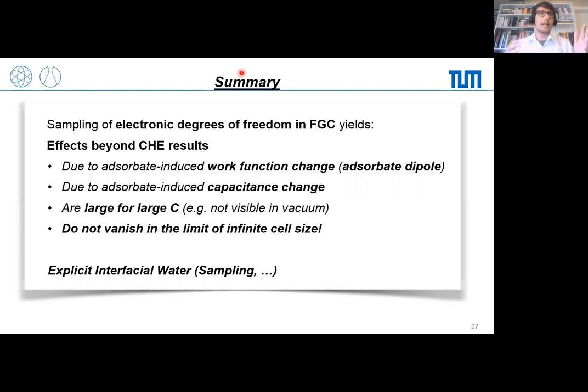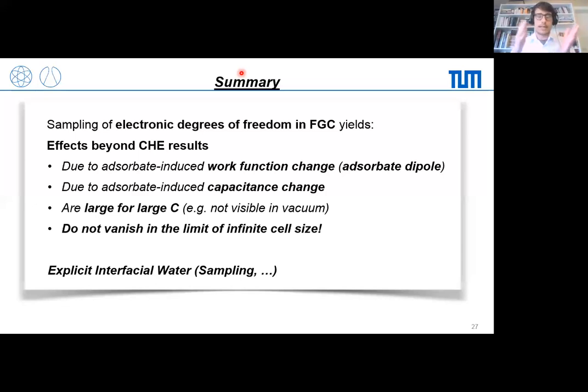If I interpret the question a different way, what I was trying to explain is that if you look at single adsorbates in a finite cell size, you always have effects due to the finite concentration that you're looking at, right?